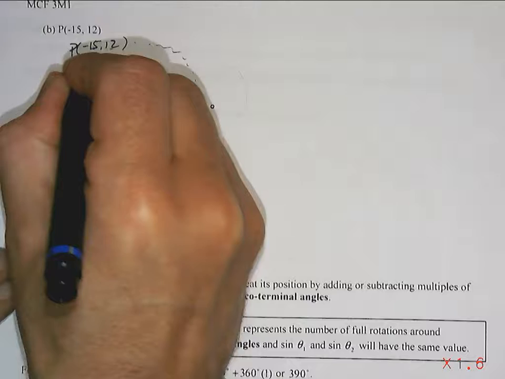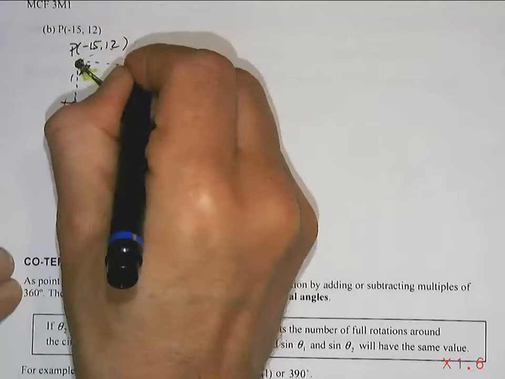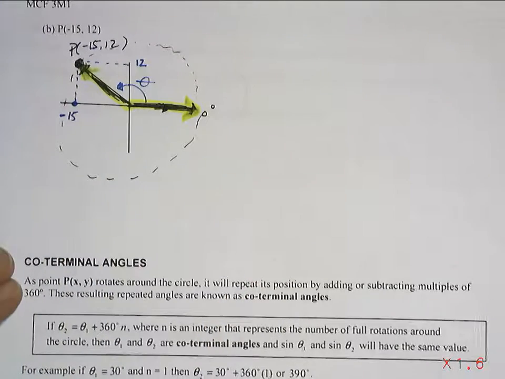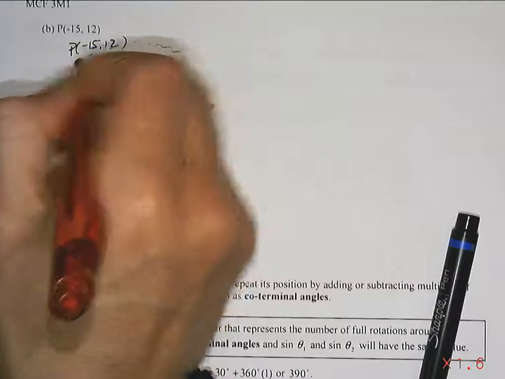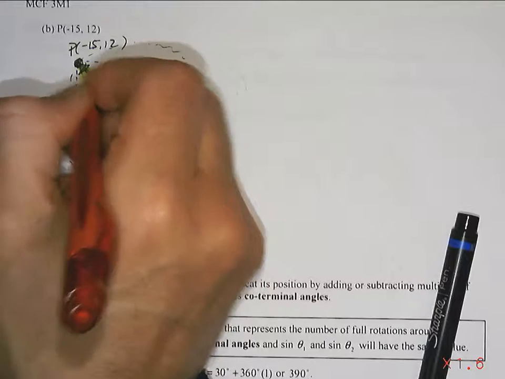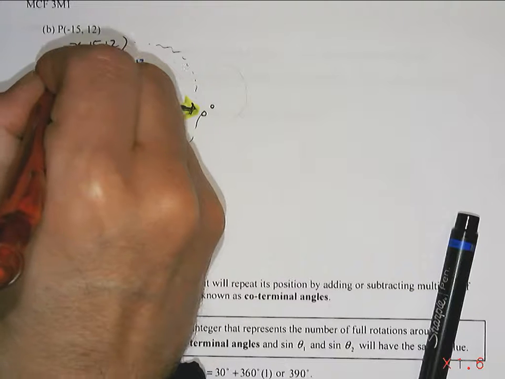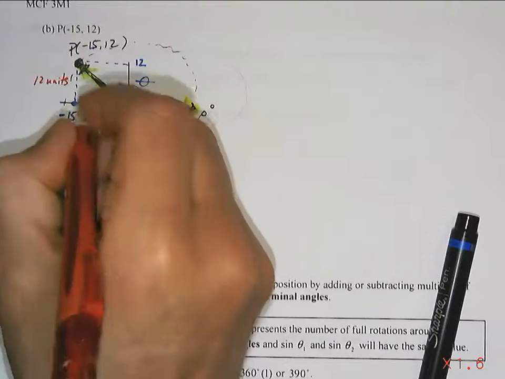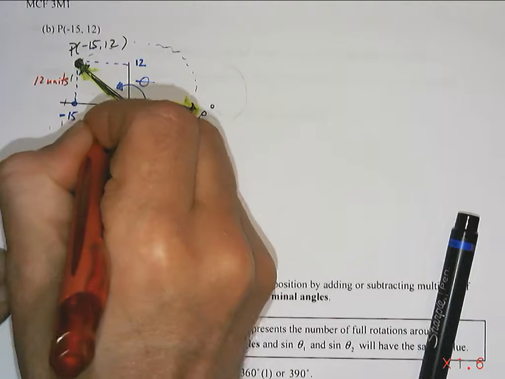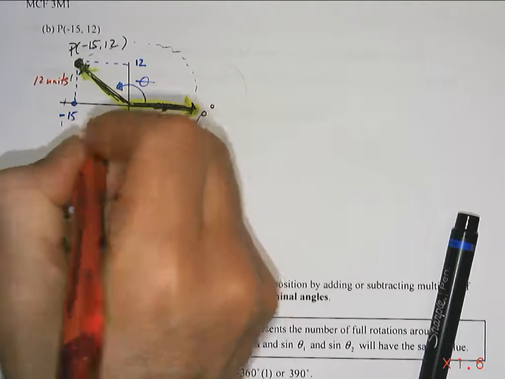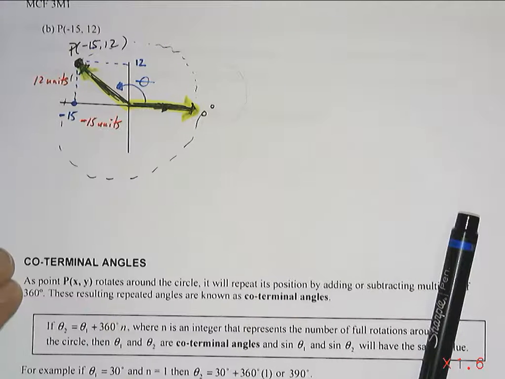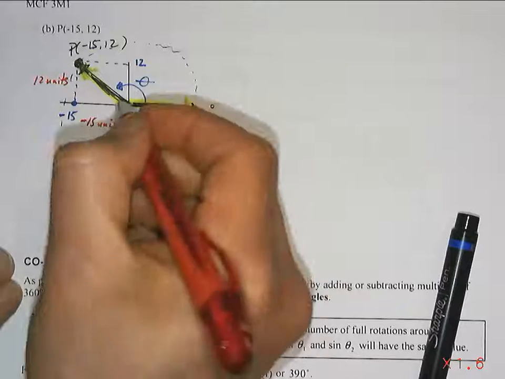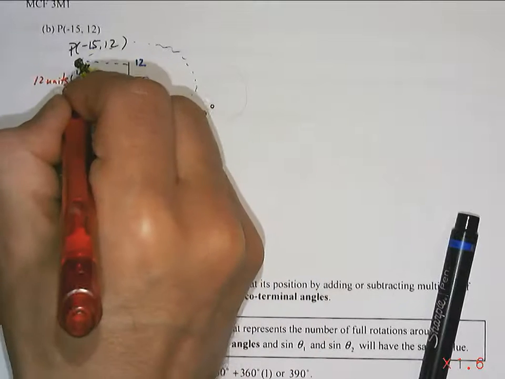And if I drop a horizontal here, this is going to be 12 along the y-axis, which means that we can talk about this as being 12 units, and we can talk about this as being 15 units. And we can use the concept that this is in a negative direction. So it's negative 15 units this way. And we're going to end up with a right triangle here.